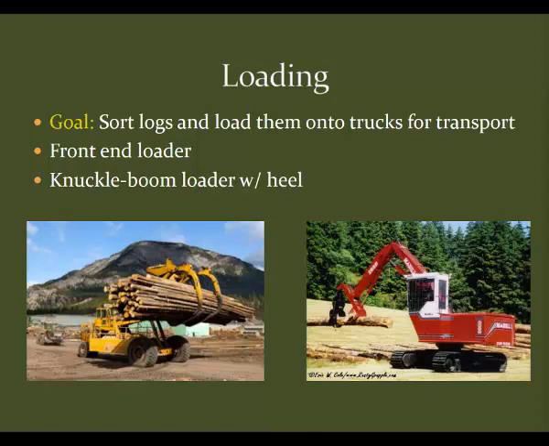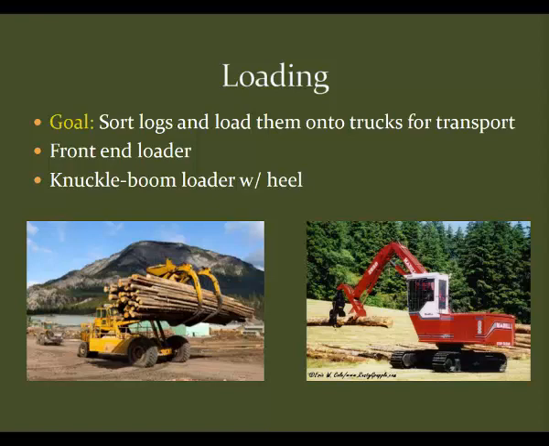So sometimes you see loads of only 3 huge trees coming in together, or you might see loads of smaller trees that are more similar in size. And so that's often an objective as we're loading the trees, to do some sorting. And again, there's multiple different pieces of equipment: front end loaders, knuckle boom loaders.